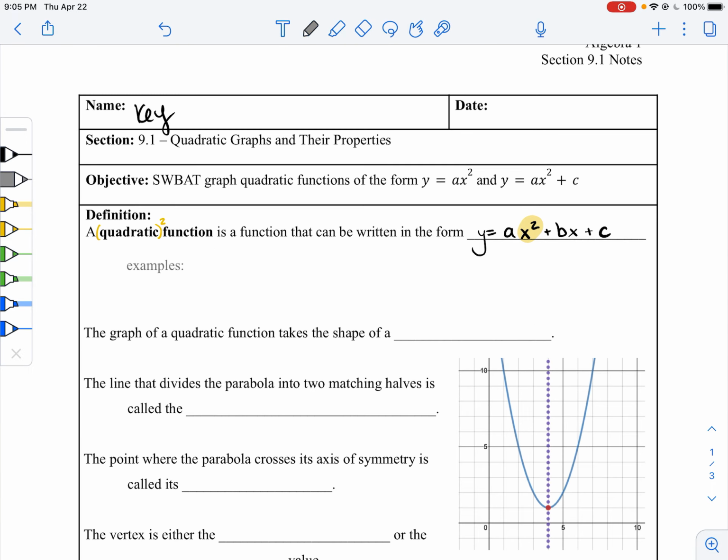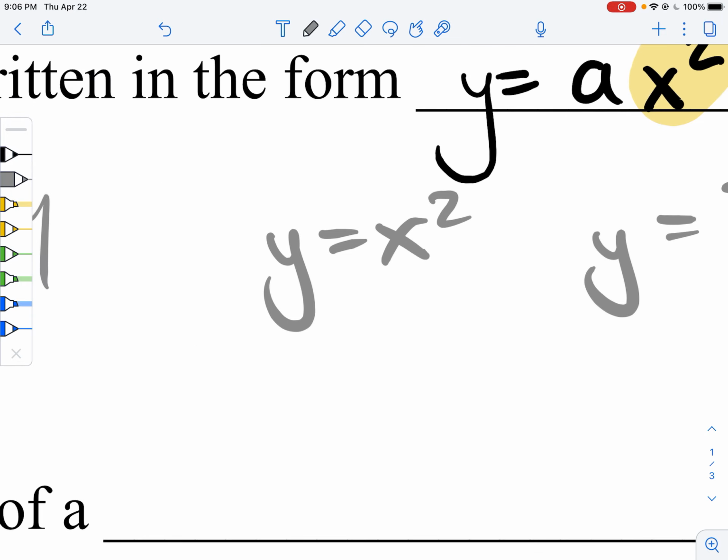Examples of quadratic functions include y equals 8x squared, or y equals x squared plus 4, or y equals x squared, or y equals 2x squared minus 9x plus 5. There's literally an infinite number of quadratic functions you can have.